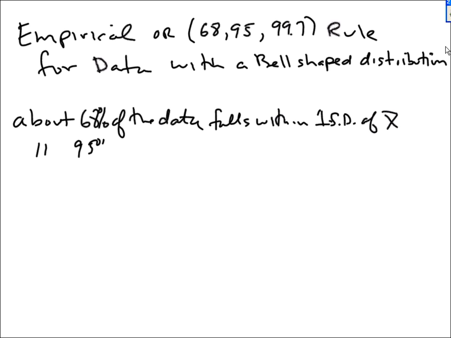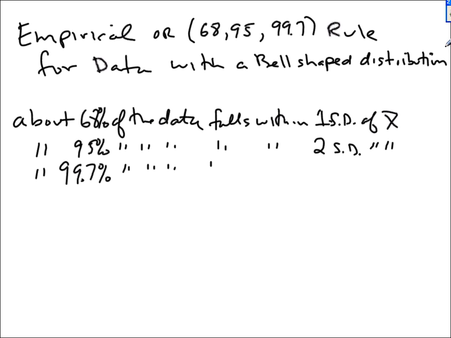About 95% of the data falls within two standard deviations of the mean. And about 99.7% of the data falls within three standard deviations of the mean.